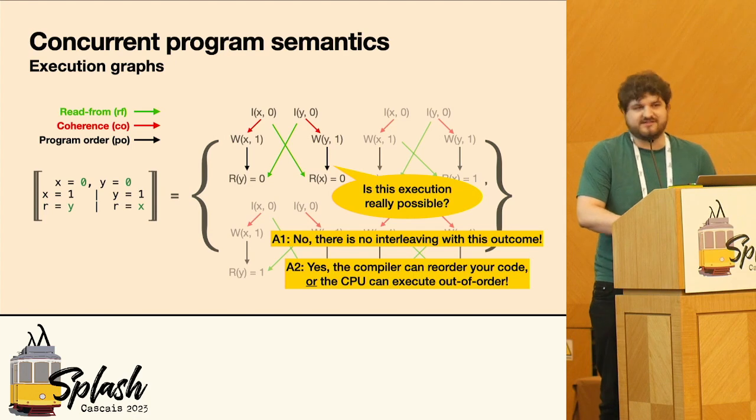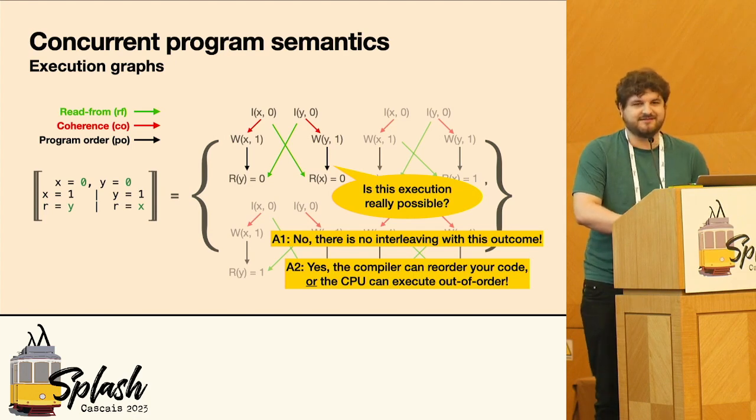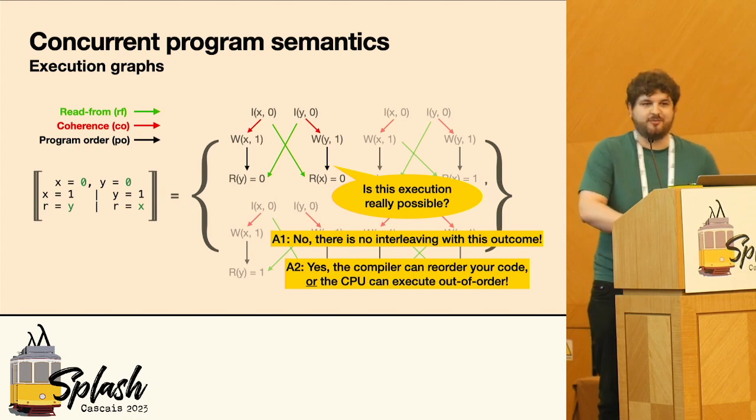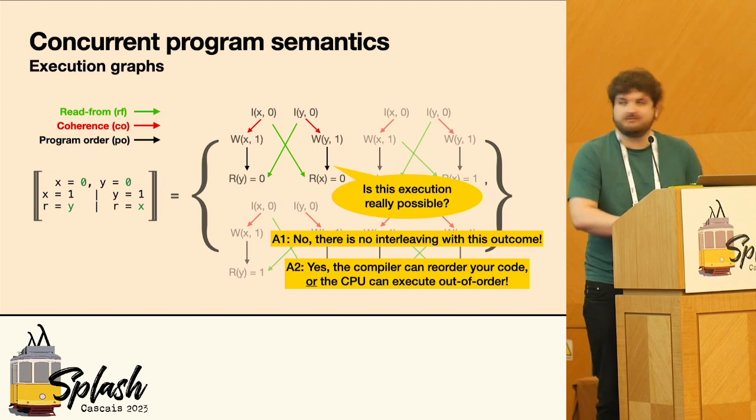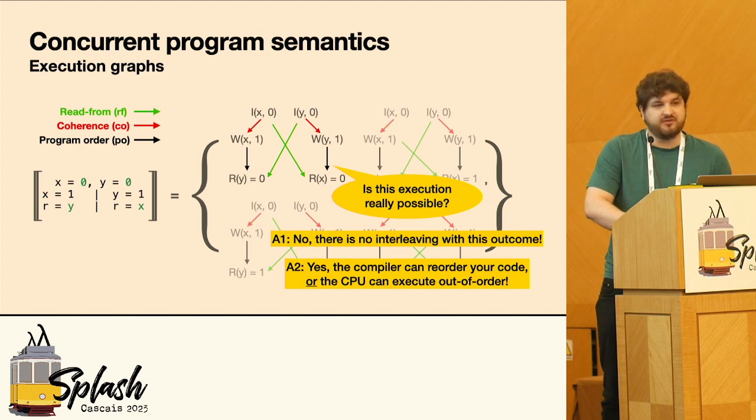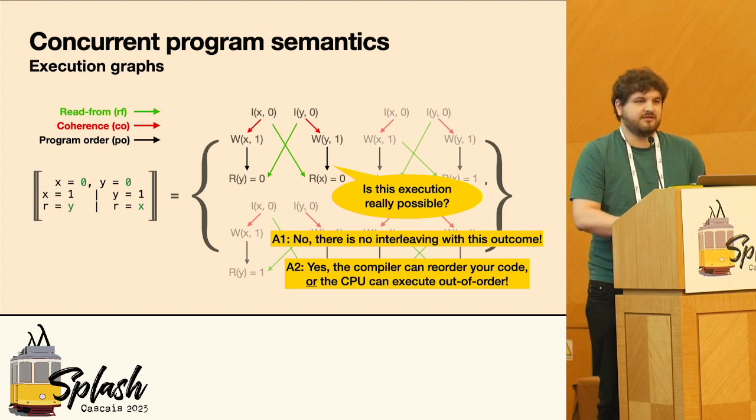But then you could also say, well, yes, of course, this outcome is surely possible because maybe your compiler reorders the code during compilation, since it thinks these accesses are independent, or the CPU does out-of-order execution and just executes the code in a different order.